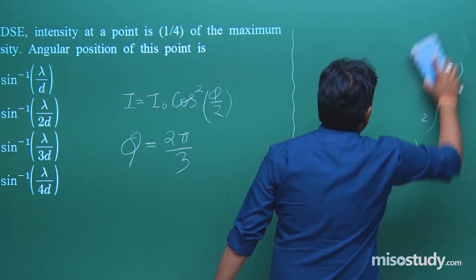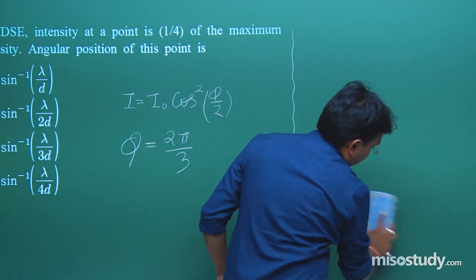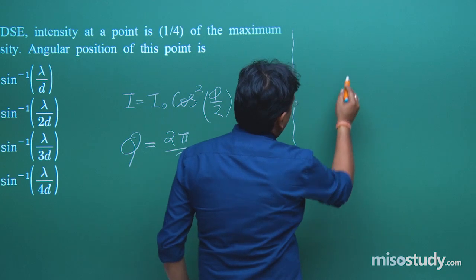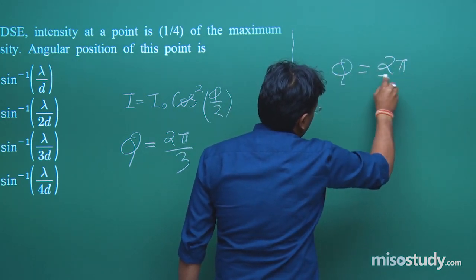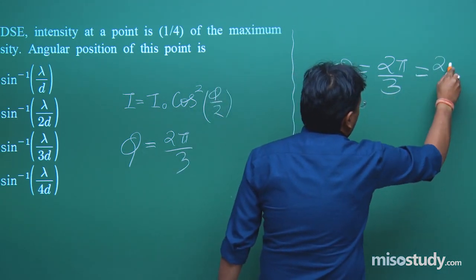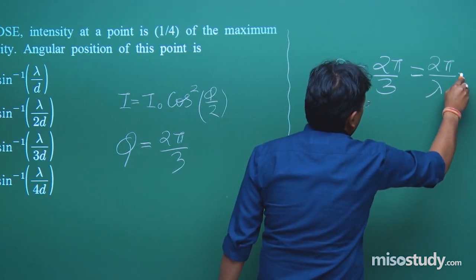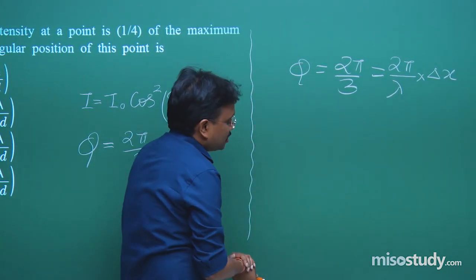Now, use the formula for phase difference and path difference, that is phi is equal to 2 pi by 3 is equal to 2 pi upon lambda into delta x, direct formula I mentioned.